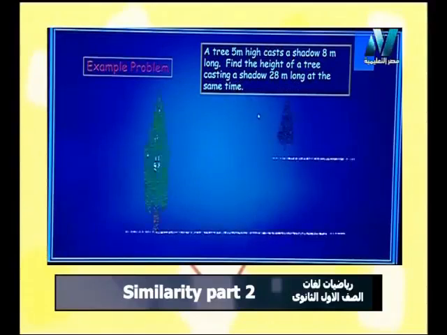Example problem. A tree 5 meters high casts a shadow 8 meters long. Find the height of a tree casting a shadow 28 meters long at the same time. We have two trees now.